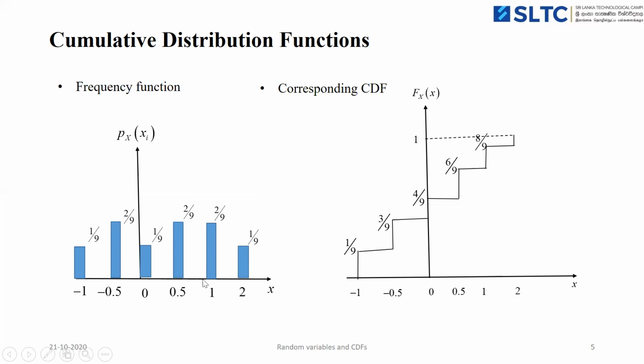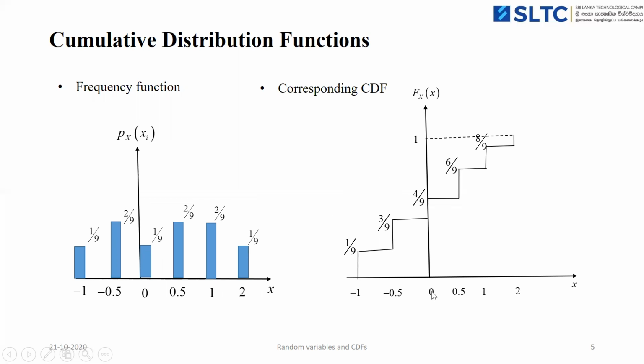Okay, it is plotted. In the CDF function, the starting point minus 1 has 1 by 9, and for the second point minus 0.5, we need to add the first and second frequency functions: 1 by 9 plus 2 by 9, which is equal to 3 by 9.